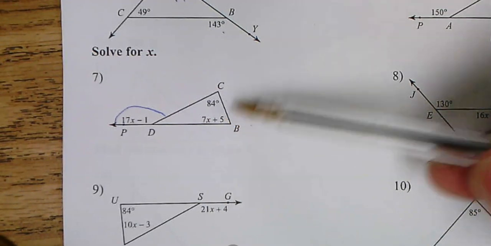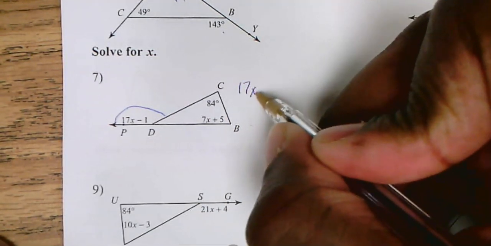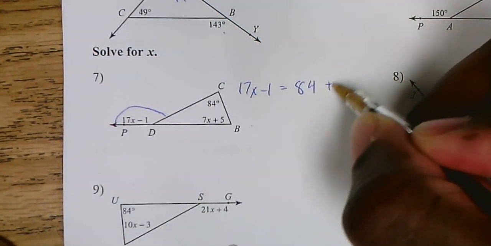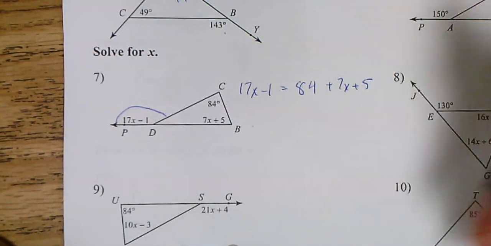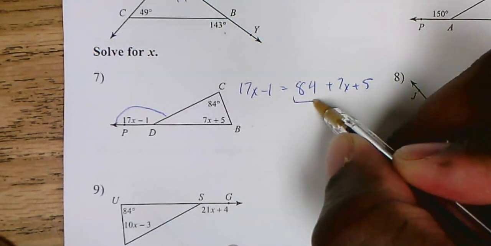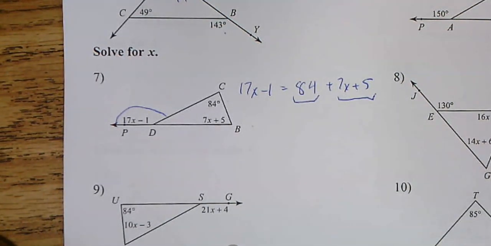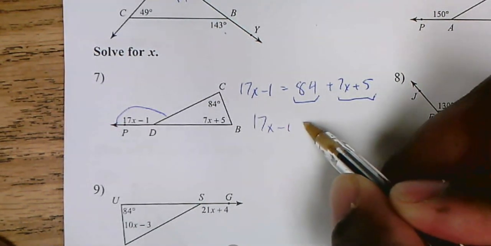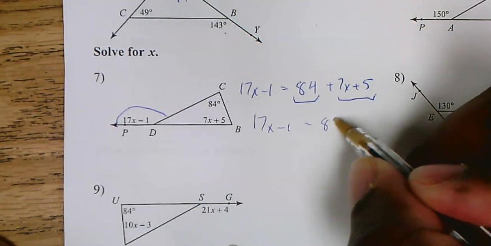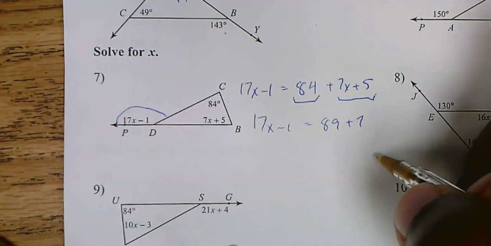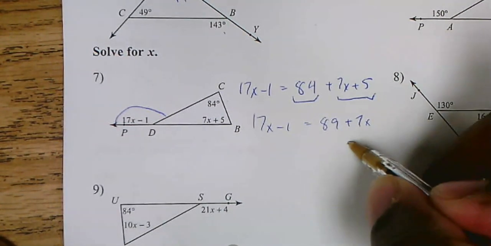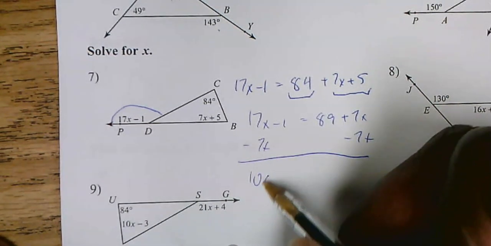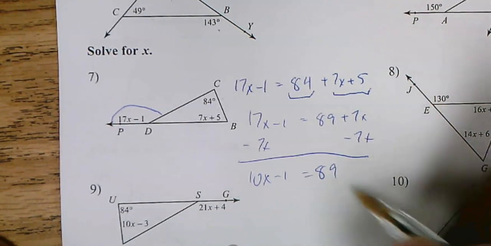So an equation I can write would be 17x subtract 1 equals 84 plus 7x plus 5. That's the first angle and the second remote interior angle. So if I did the math there, that would be 17x subtract 1 equals 89 plus 7x. Subtract 7x from both sides, and 10x subtract 1 equals 89.